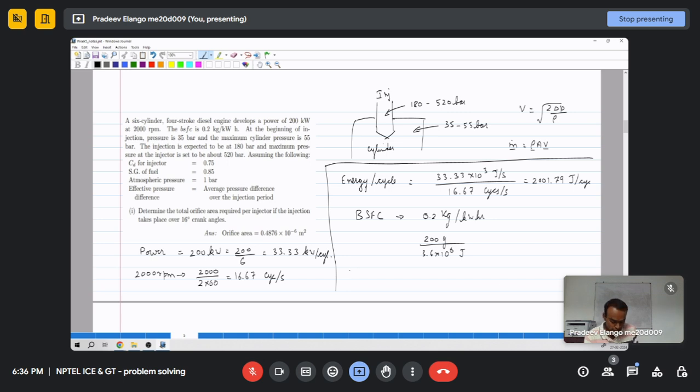Now to calculate the fuel quantity, m_f in terms of gram per cycle, is equal to 2001.79 into 200 by 3.6 into 10 power 6. Can you calculate this?